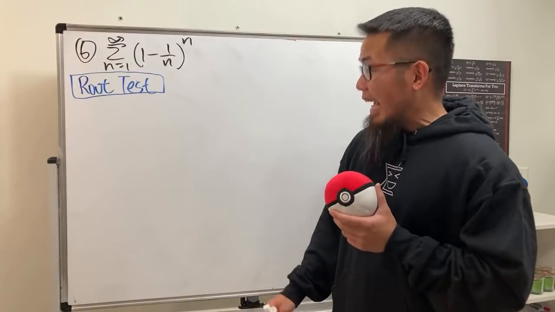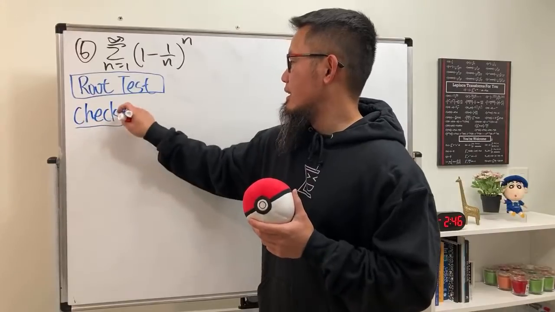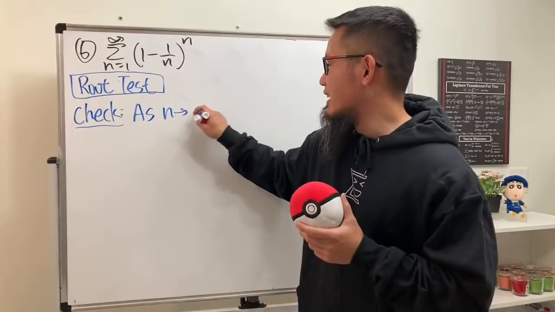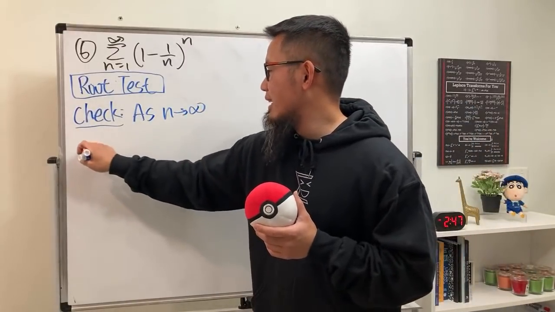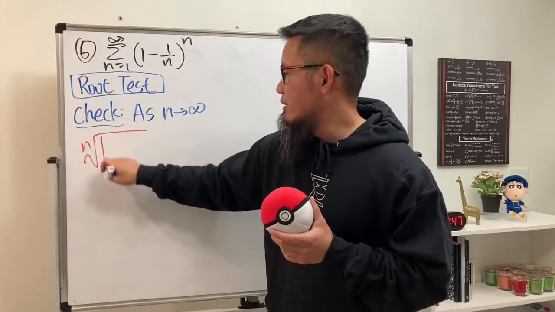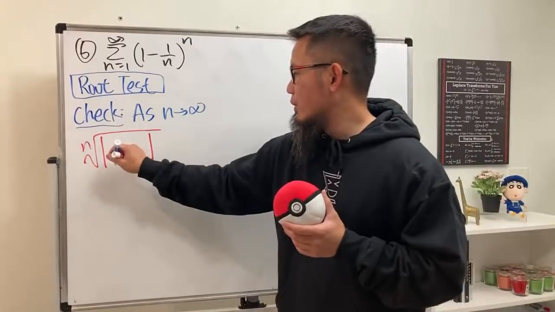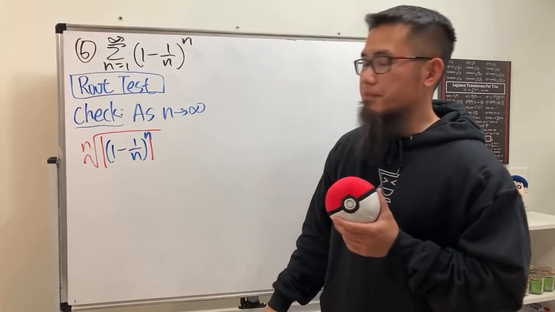For the root test, as n goes to infinity, we look at the nth root of the absolute value of 1 minus 1 over n raised to the nth power.